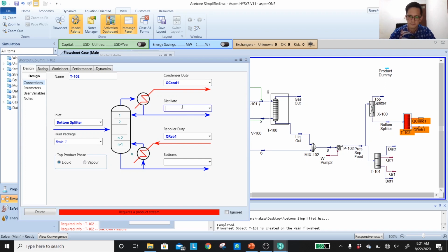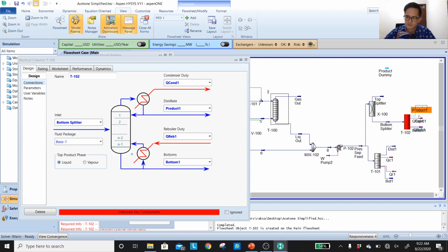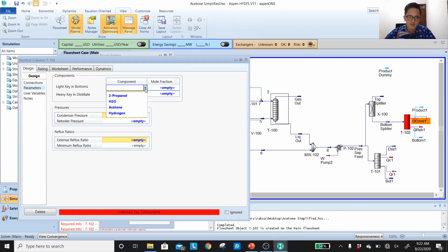That's the product 1 because that is our acetone product, and the bottom is bottom 1. You can use a different name, obviously, just be consistent. That's the important thing. Unknown key component, we've already done this exercise before.